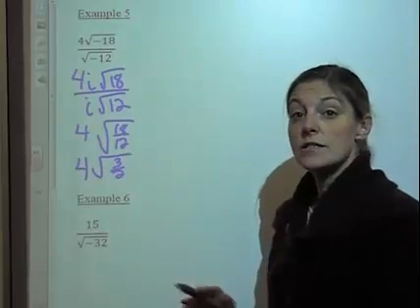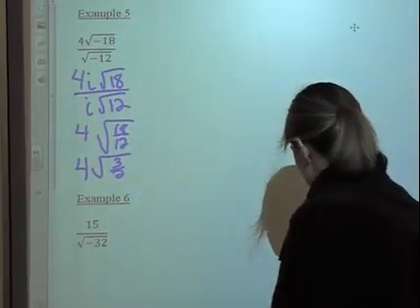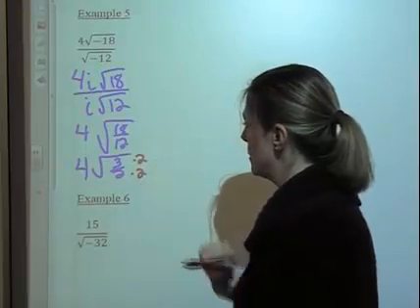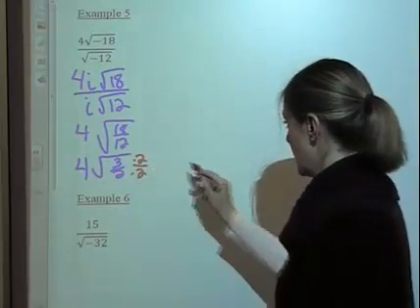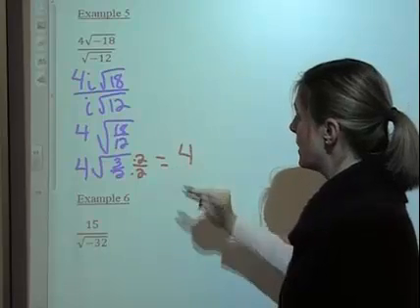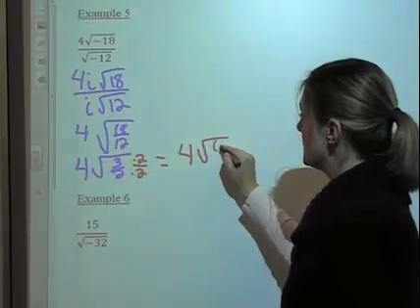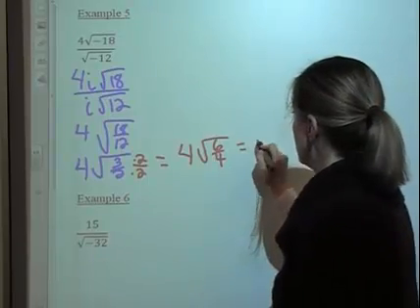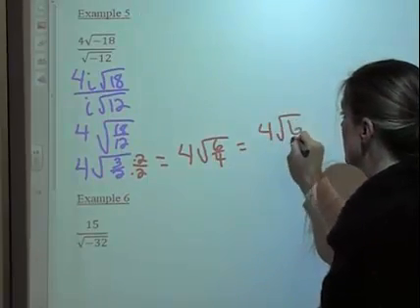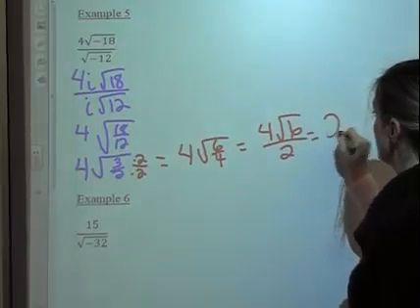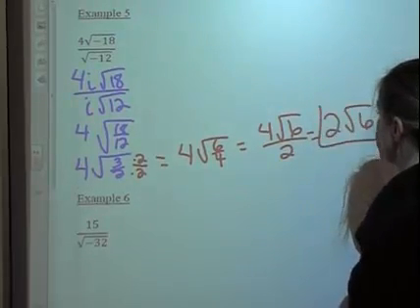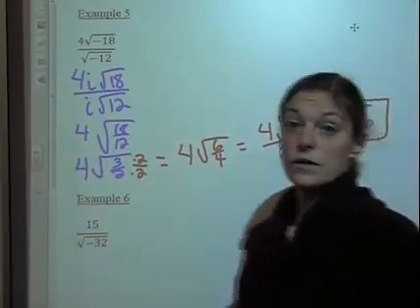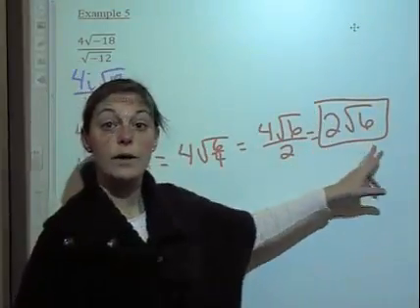Now we can simplify that 3 over 2 by multiplying by 2 over 2. And so we get 4 square root of 6 over 4, and then the square root of 4 is 2. So that gives us 4 square root of 6 over 2, which is 2 square root of 6. And so that's our answer for number 5.